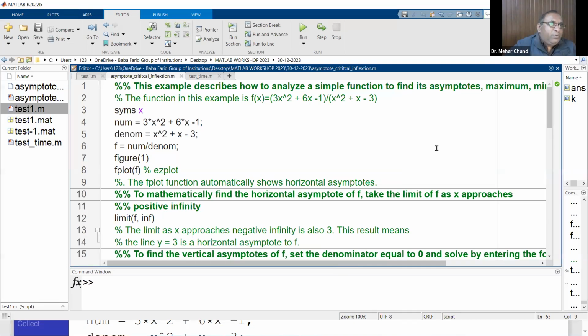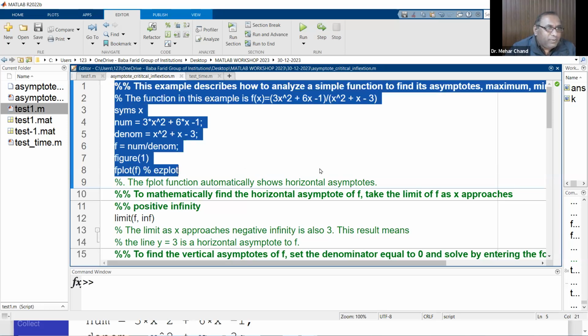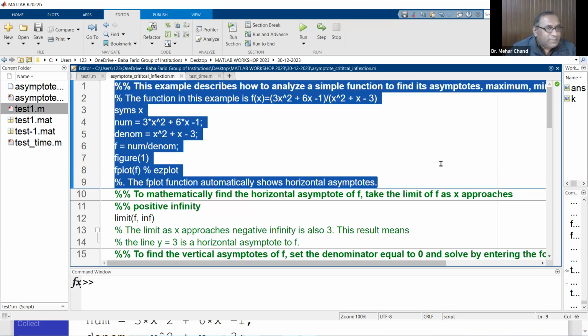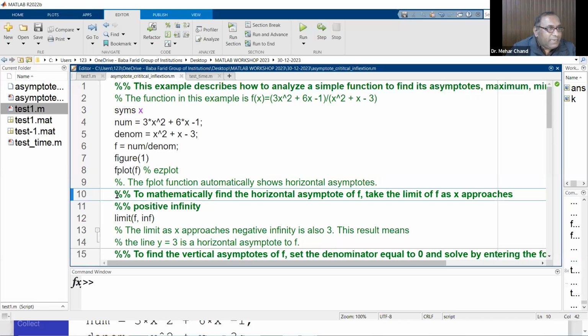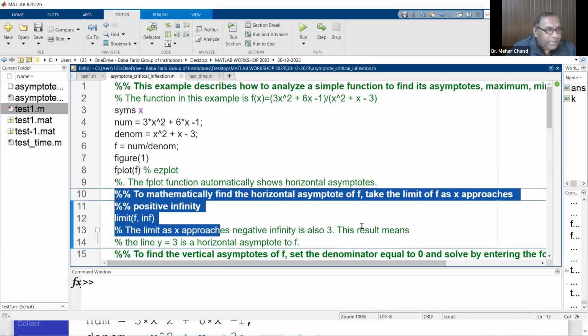So here is this part. This part is one slice. This is the second slice, and so on. Or you can say the program is divided into subsections.